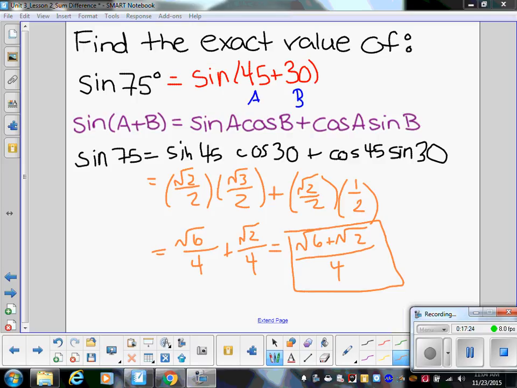We used these values in the first example I did. When you simplify, you actually get the same answer we did for cosine of 15. So 15 and 75 are complementary, and sine and cosine of complementary angles are equal.